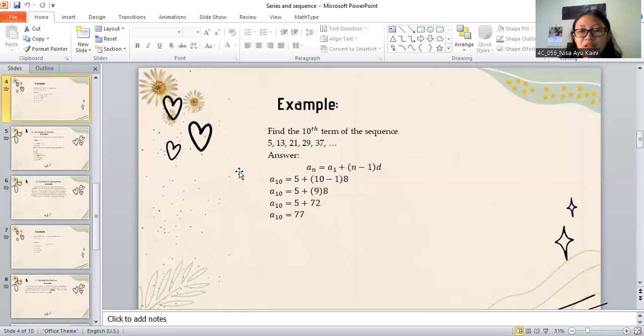Then we add the two terms together, so we have 5 and 72. If we add them up, the result equals 77, so a sub 10 equals 77. Okay, next slide.